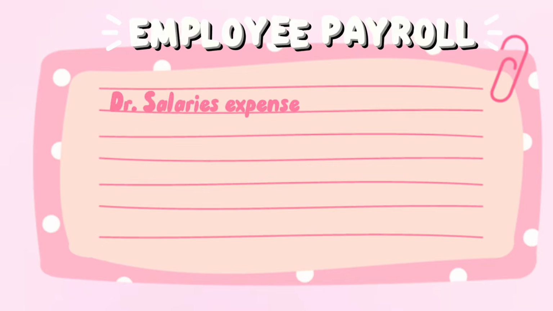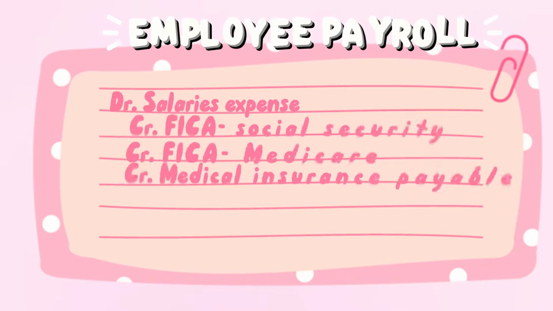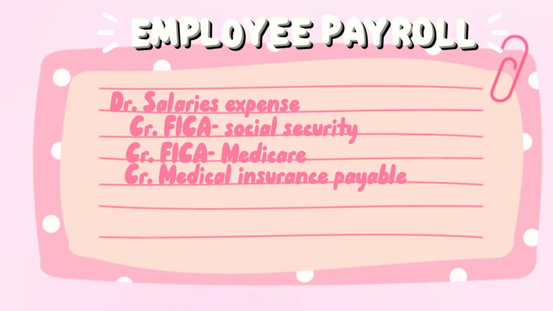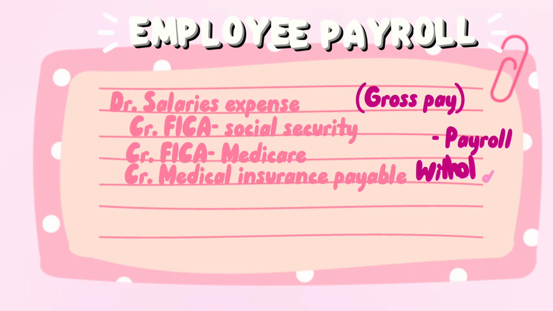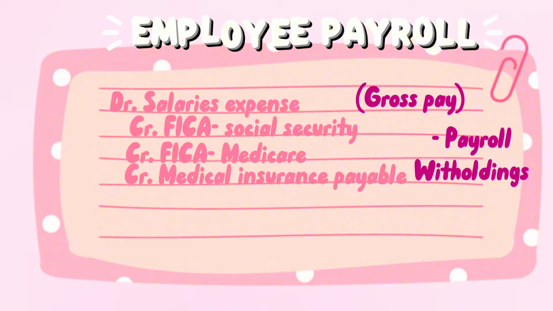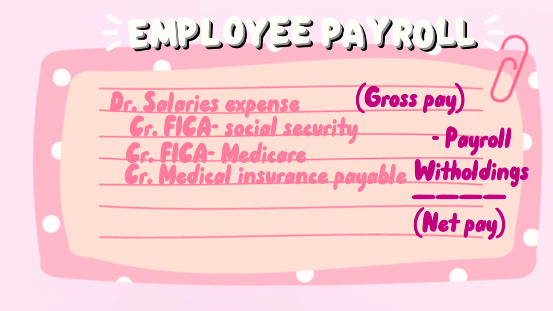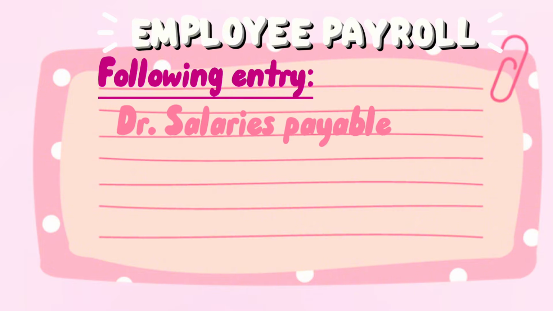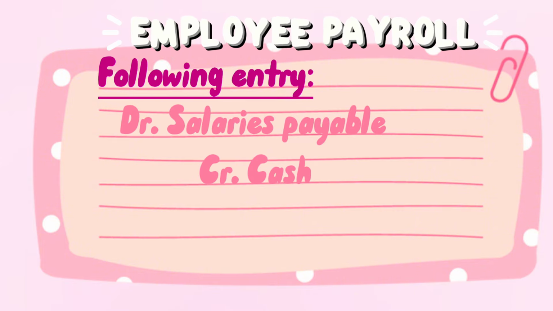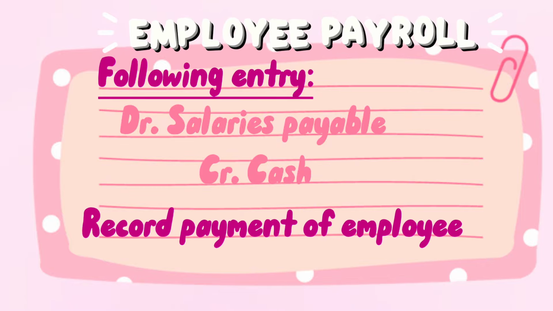So our journal entries can get quite long. You debit the salaries expense and then credit all of these current liabilities. The salaries expense amount is going to be your gross pay, and then all your taxes and voluntary withholdings are deducted until the employer is left with the net pay, which is recorded in a credit to salaries payable. The follow-up entry is a debit to your salaries payable and a credit to cash because now the employee has been paid.